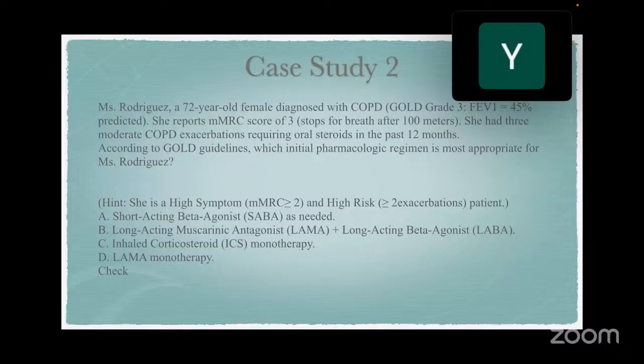According to the GOLD guideline, which initial pharmacological regimen is most appropriate for type D? She has high symptoms, MRC more than 2, and high risk, 2 or more exacerbations. A, short-acting beta agonist as needed; B, long-acting muscarinic antagonist plus long-acting beta agonist; C, inhaled corticosteroid monotherapy; D, LAMA monotherapy.